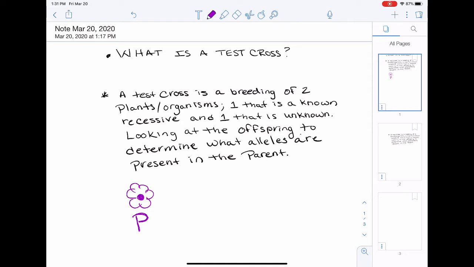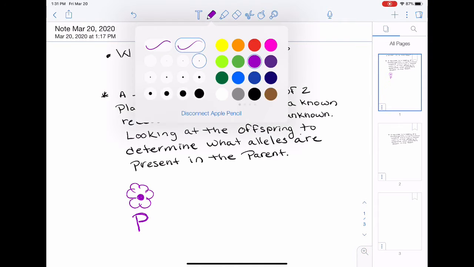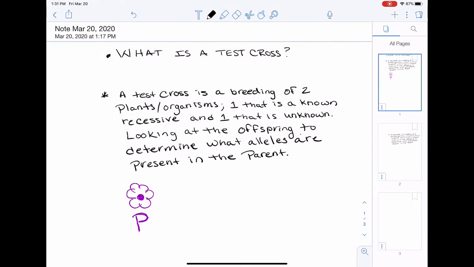So what he did is he took that and crossed it with a recessive white flower. For the recessive white flower, he knows the genotype has to have two of these little p's, because I cannot see a recessive trait if I have a dominant gene.